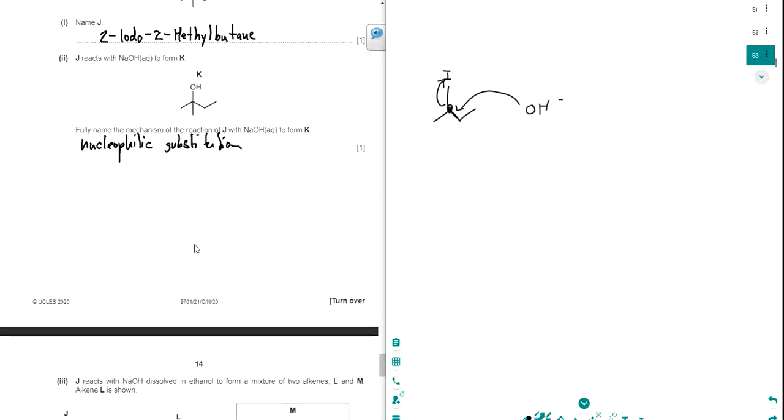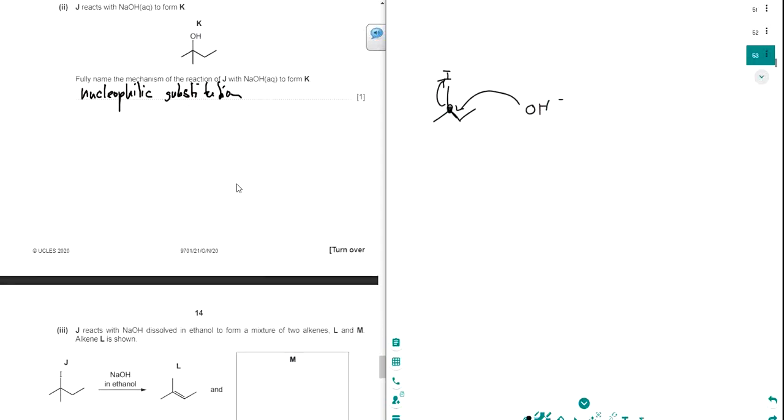Nucleophilic substitution again, because the OH group replaces the iodine.